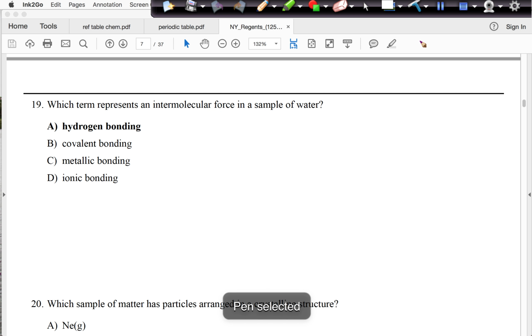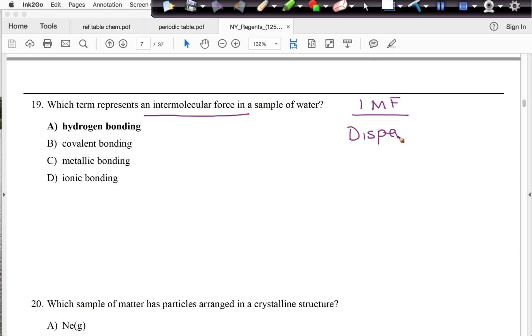For number 19, which term represents intermolecular force in a sample of water? The types of intermolecular forces of attraction that we talked about: dispersion forces, which, remember, happen in all types of molecular substances, and they're weak forces based on just the random movement of the electrons in the sample.